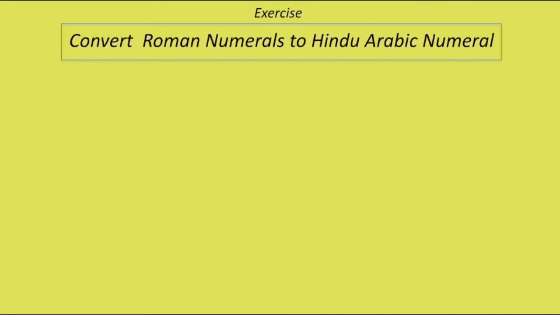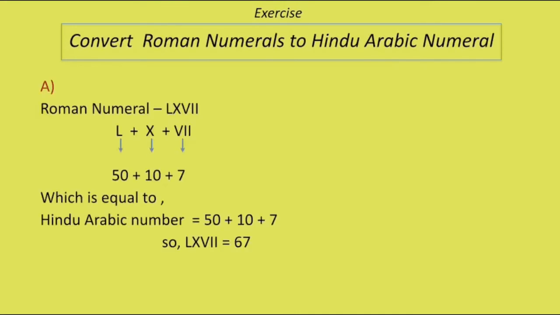Children, now we will convert Roman numerals into Hindu-Arabic numerals. Here we have taken the Roman numeral LXVII. L in Hindu-Arabic number is 50. X value is 10.